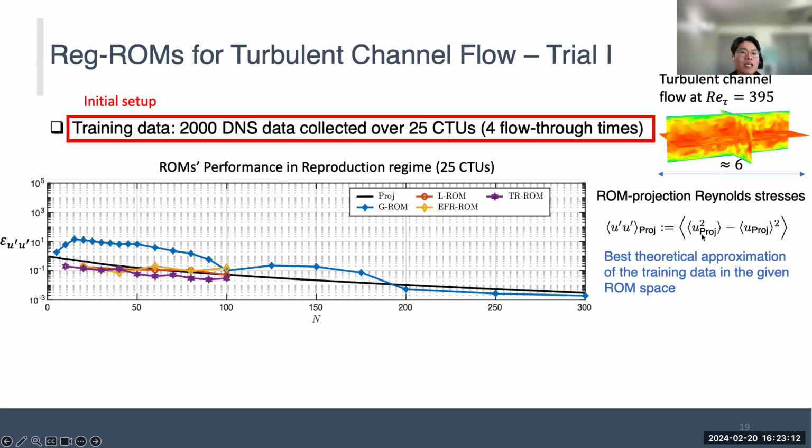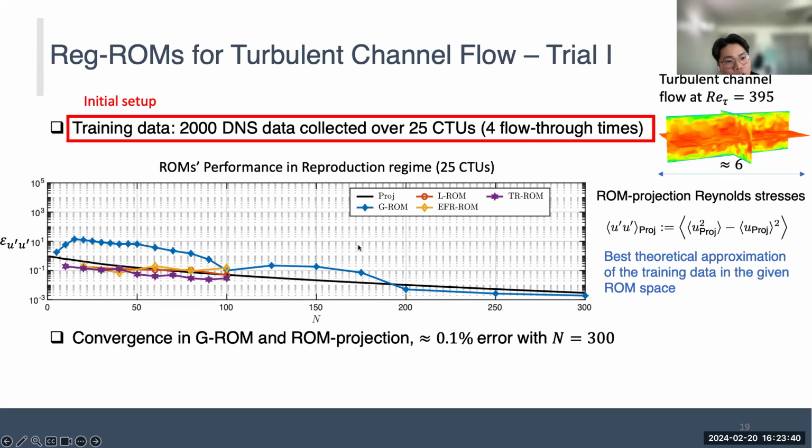We take the snapshot or the forward model solution and project it onto the given ROM space. So now we have a projected velocity field, and we have, let's say, 2000 of them, and we reconstruct the statistics using those 2000 snapshots. That is how we get the ROM projection Reynolds stresses.